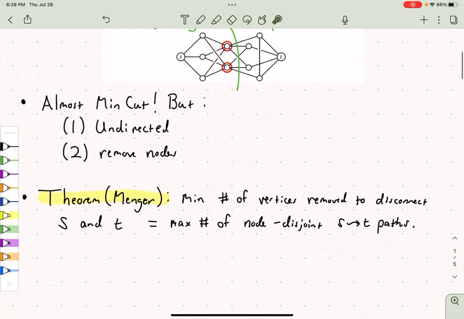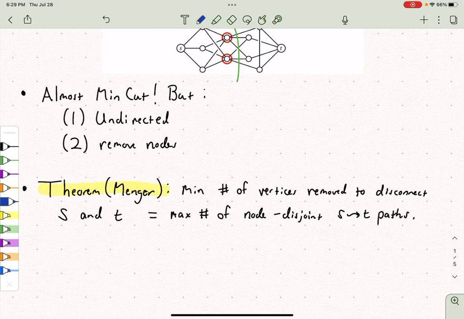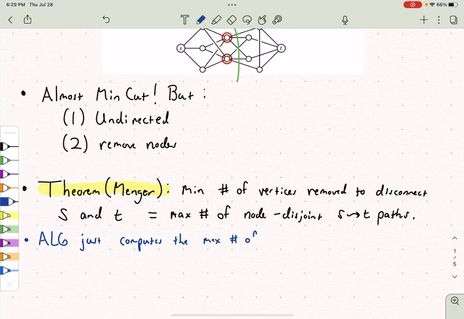So once we have Menger's theorem, what do we have to do? Well, assuming we have this, then the algorithm is just: compute the max number of node-disjoint paths in a graph G prime.